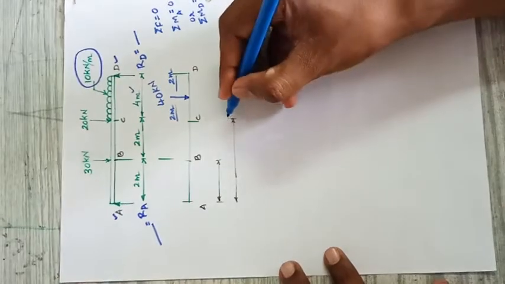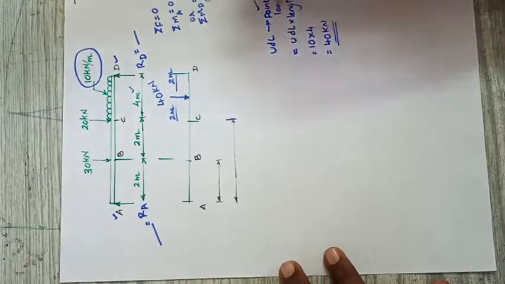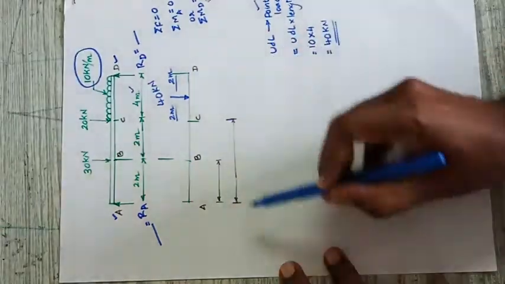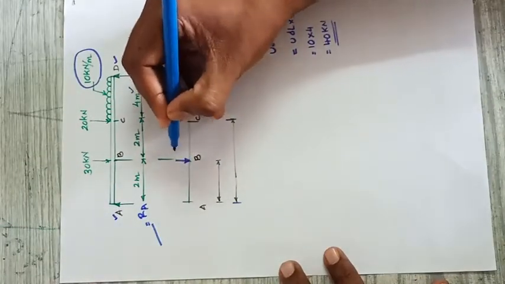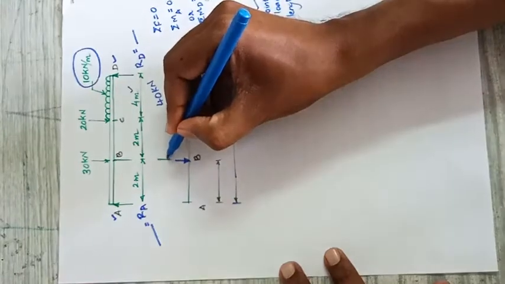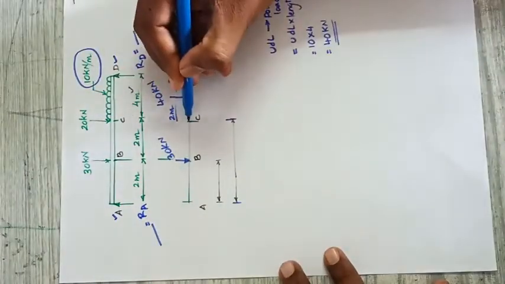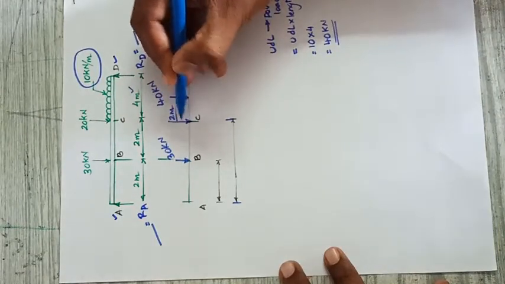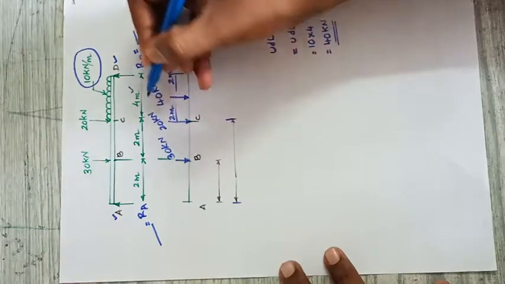I will write all the distances because I am going to find the moment. First the 30 kilonewton, acting at B, and then the 20 acting at C. Then I will write the distances.